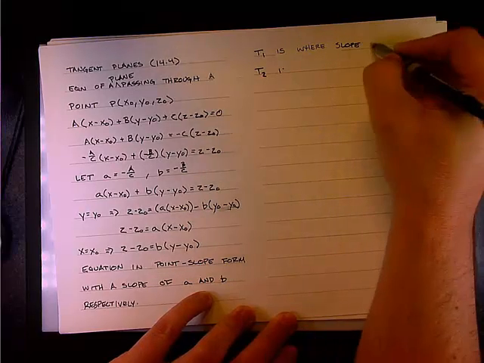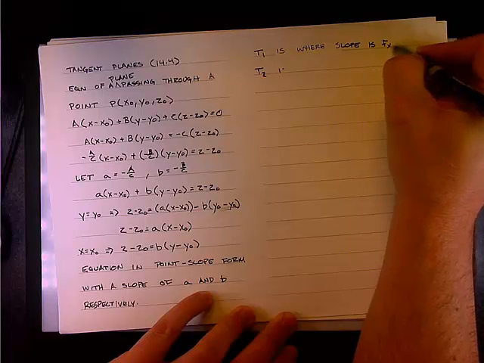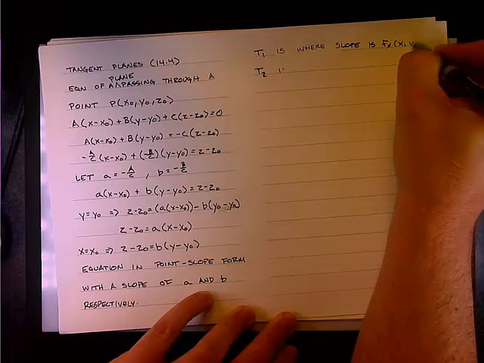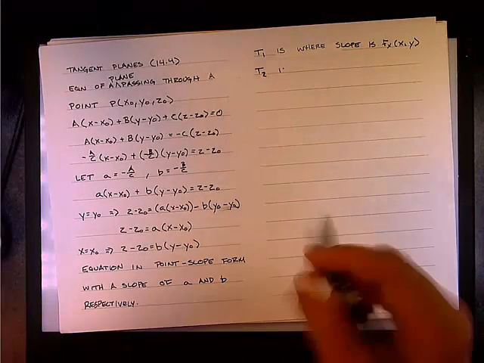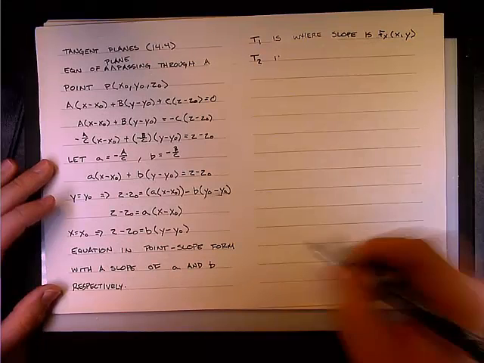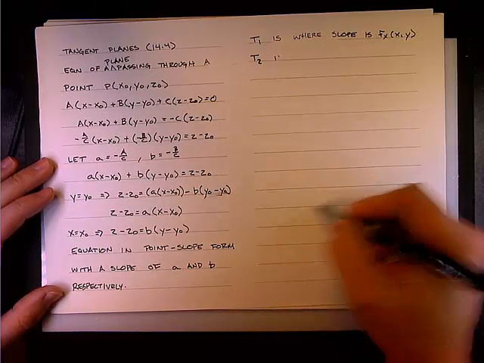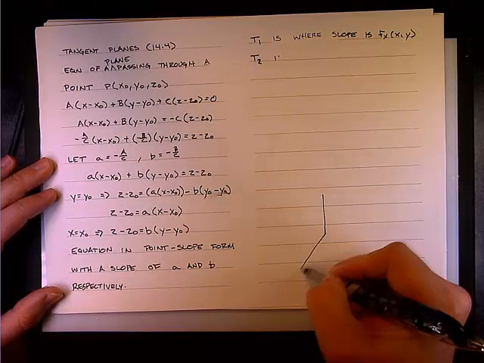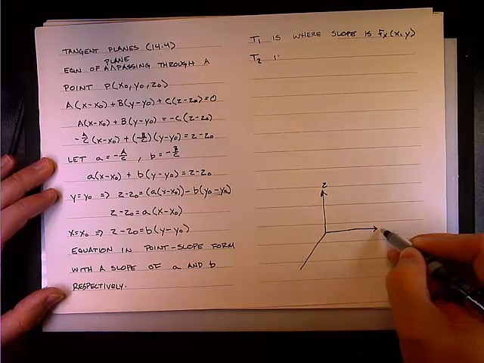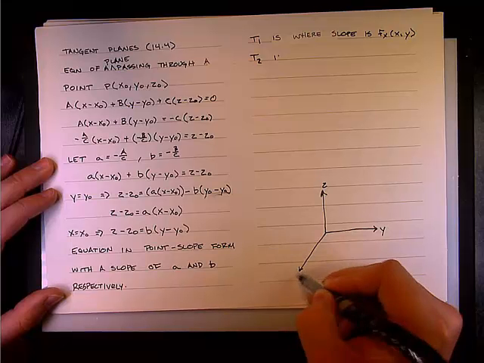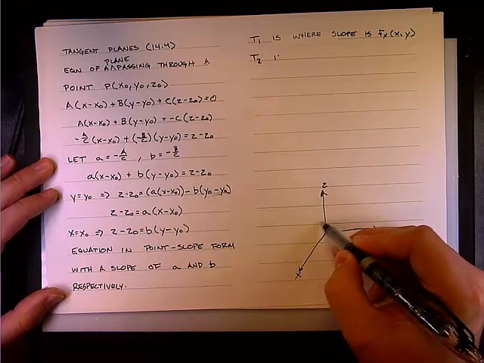So T1 is the line where the slope is the partial derivative of f with respect to x. So what that's saying is, we're going to have a surface, and I'm going to go ahead and draw it so it makes sense down here.